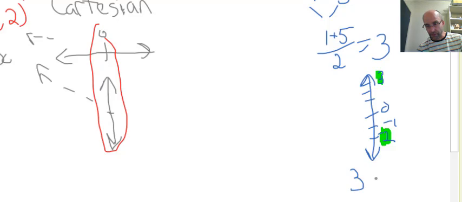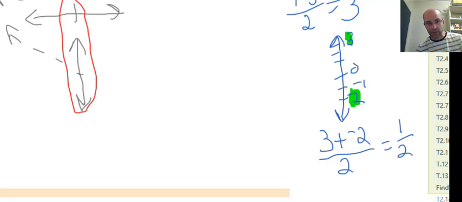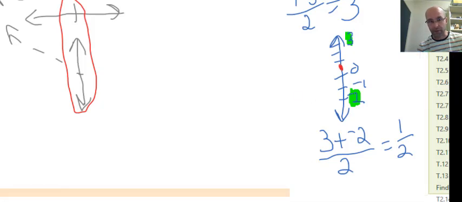So that would be 3 plus -2 over 2. 3 plus -2 is 1. 1 over 2 is a half. So 1/2 would be the middle spot between the two of them. It doesn't actually have to fall on a number. It can fall between numbers.